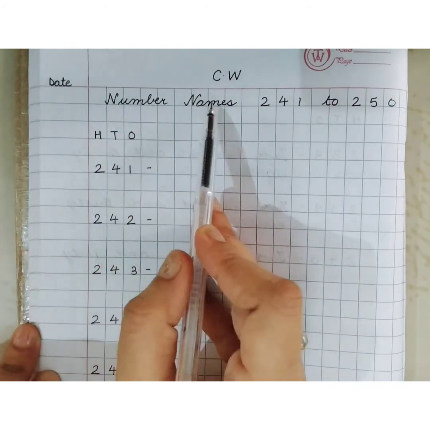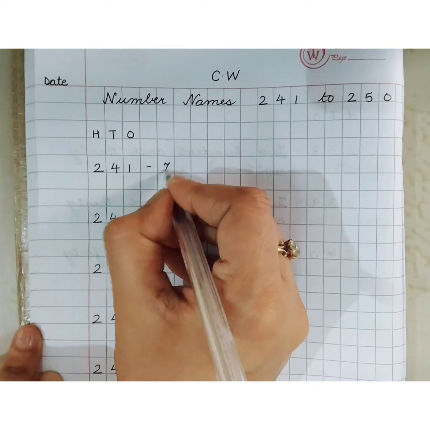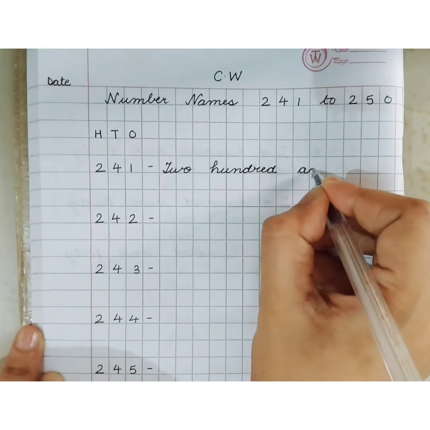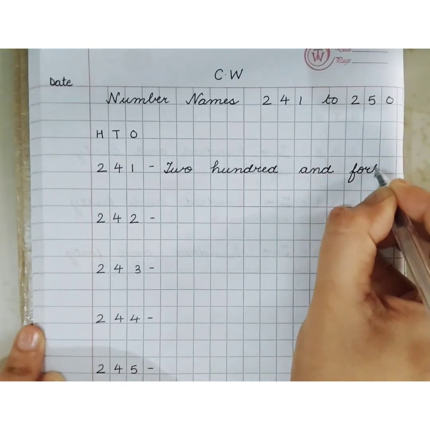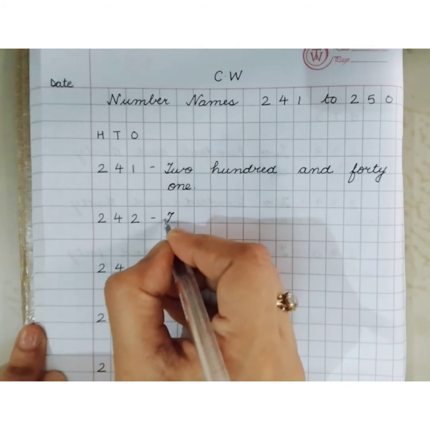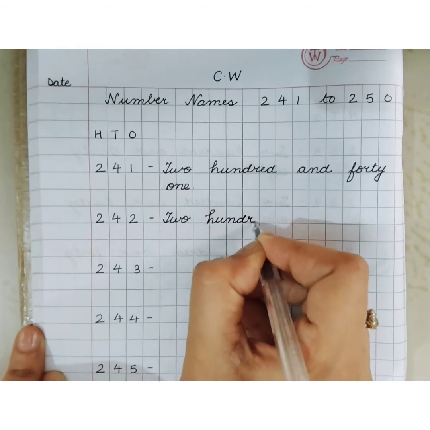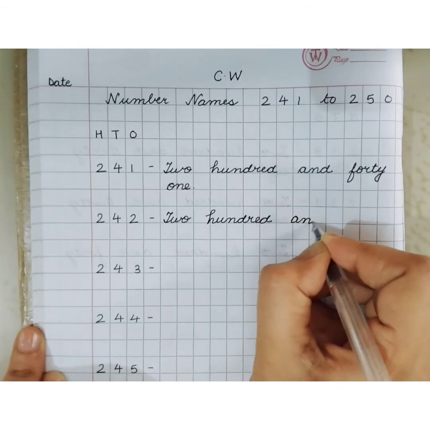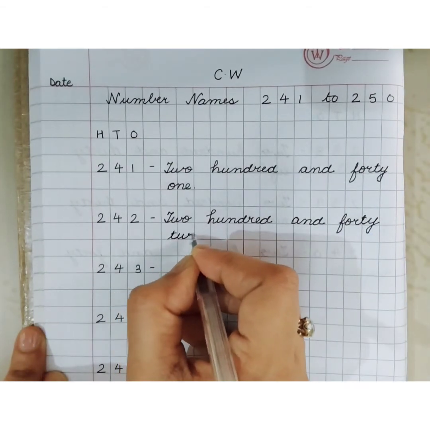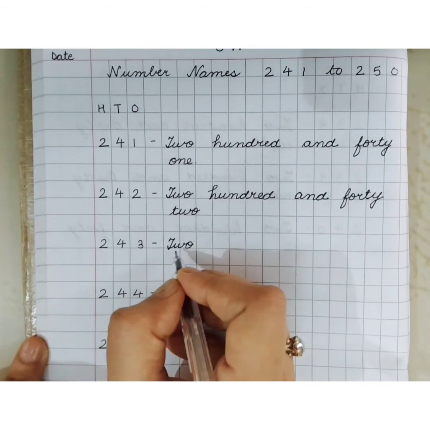We'll put CW, date, heading number names for 241 to 250. So after writing HTO, I have already written all the numbers, and quickly we shall start with writing the number names. So 241. The first one is 241. Next is 242. As I have said, don't confuse the spelling of 40 and 14. Now the next is 243.